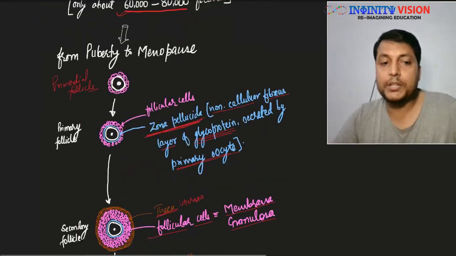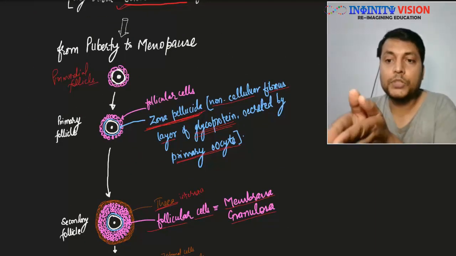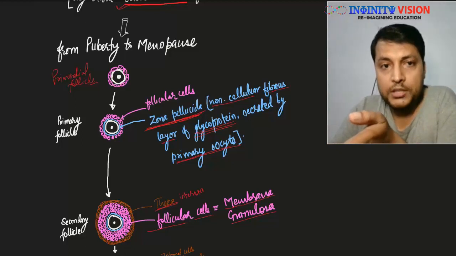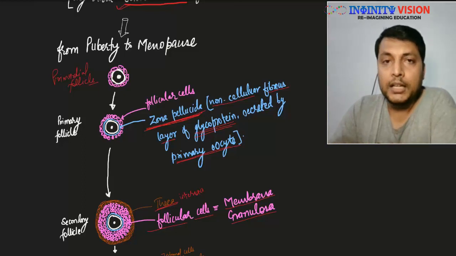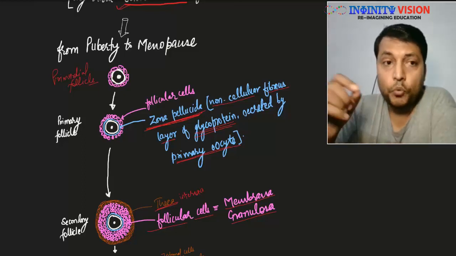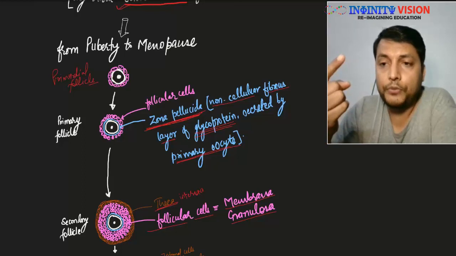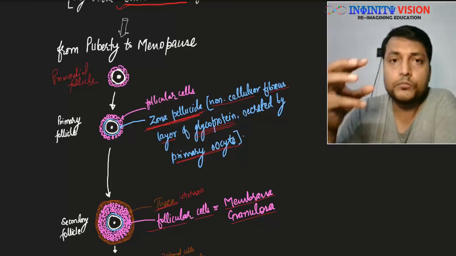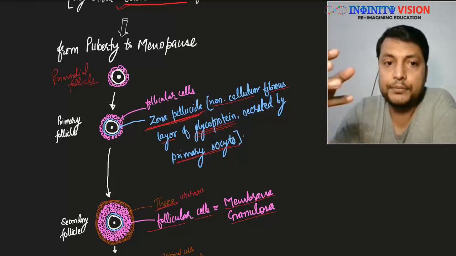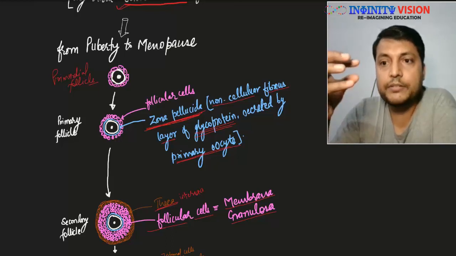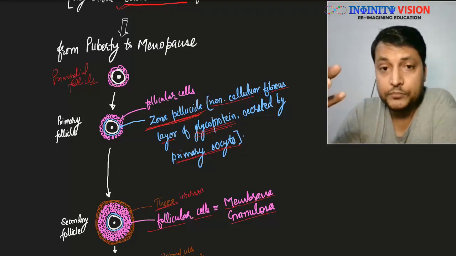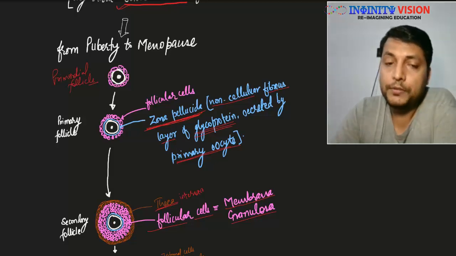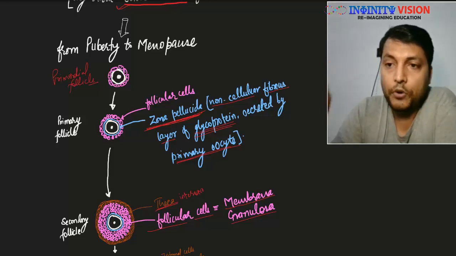Great. Now what happens? From puberty up to menopause, or you can say from menarche to menopause, alternately one primary follicle or primordial follicle will start to develop each month. It will develop into a matured Graafian follicle, which has the ovum, and finally from the ovum the matured female gamete, that is the egg cell, will be formed.